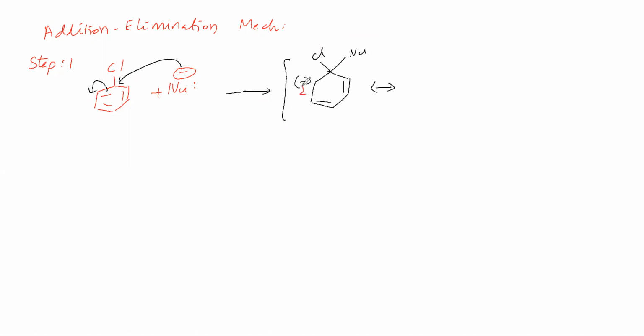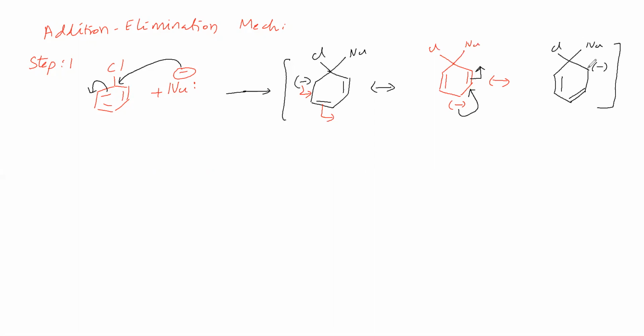The pi bond becomes a negative charge. Next, this negative charge becomes a pi bond, and this pi bond becomes a negative charge. So resonance is possible.